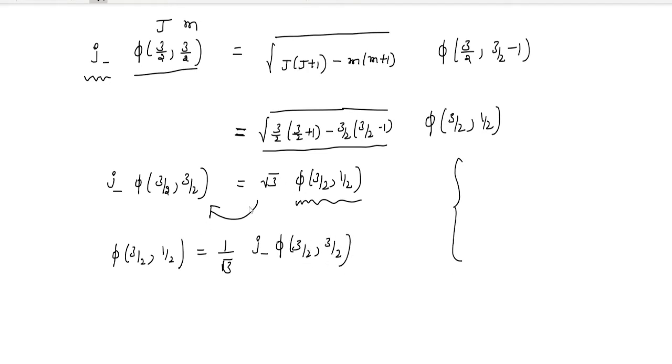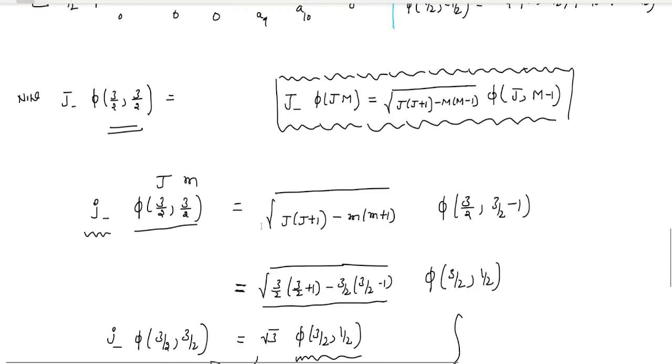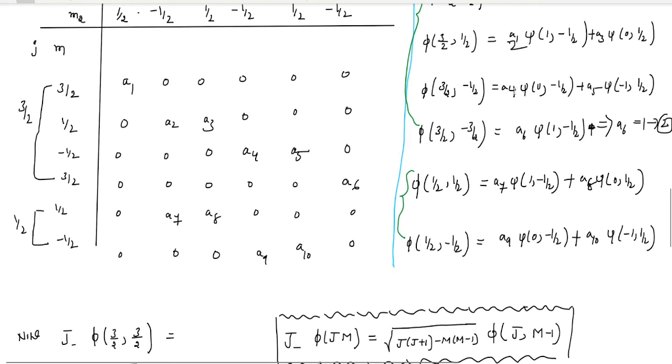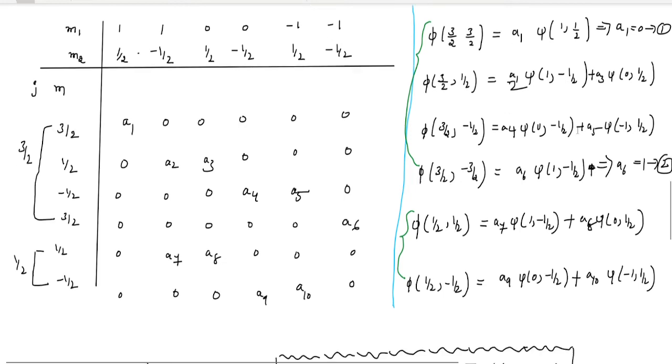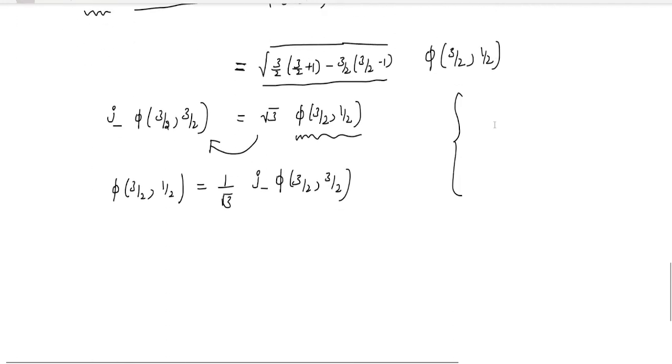Why am I interchanging this thing? Because I want this quantum state, the 3 divided by 2, 1 divided by 2 quantum state, right? For that we can get the A1, A2 and A3 coefficient values.